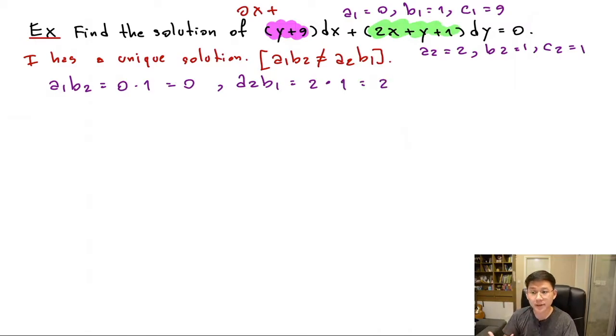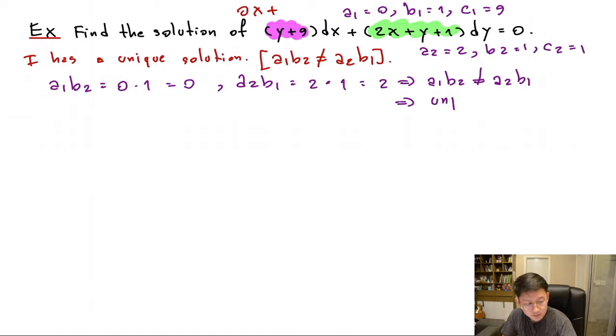So a1 b2 is not the same as a2 b1, which means that there is a unique solution.